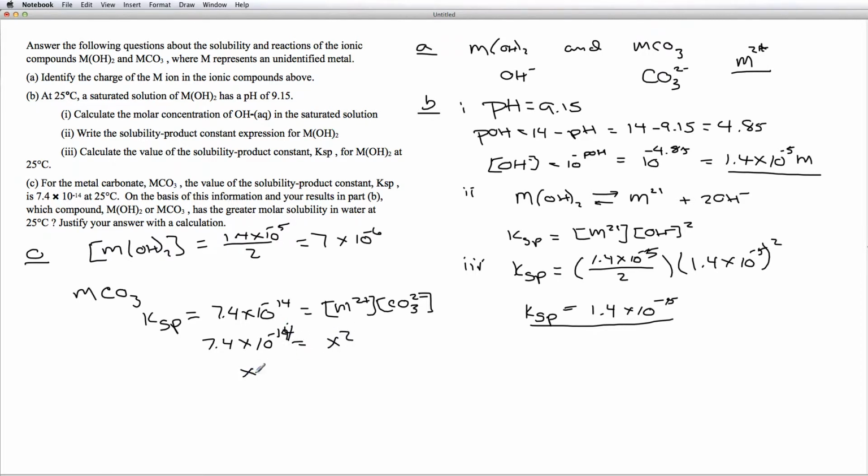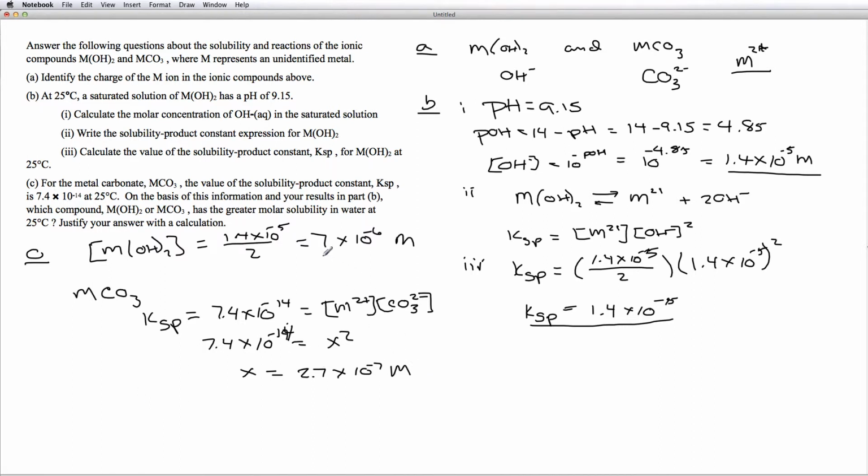So if I solve for X, I will get 2.7 times 10 to the minus 7th power. And that's a molarity too. This was a molarity, I should have written that there.